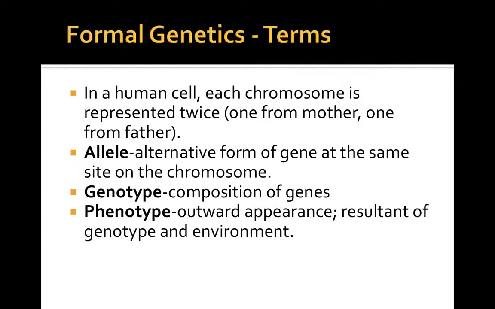If the condition is left untreated, abnormal metabolites of phenylalanine will begin to accumulate in the infant's brain, and irreversible mental retardation will occur. Mental retardation is thus one aspect of the PKU phenotype.